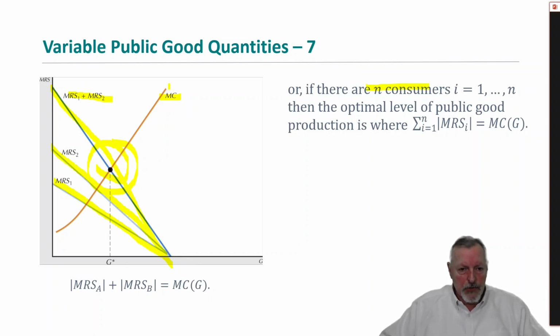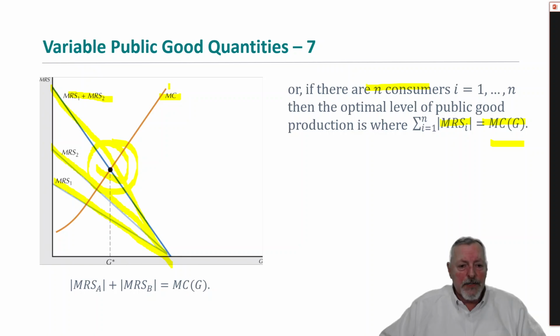If they're end consumers, then the optimal level of public good for the society to consume is where the marginal utility for one more dollar of the public good is exactly equal to the marginal cost.